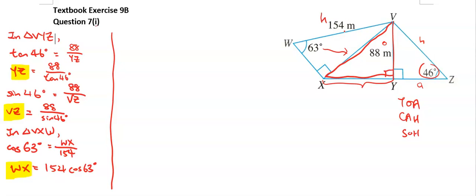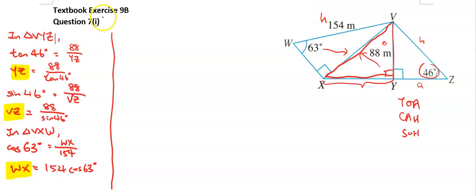So we find VX, and VX is the hypotenuse of triangle VXY, because this side is opposite the right angle of triangle VXY. So we find VX, then we use Pythagoras theorem to calculate XY. To find VX, we look at triangle VXW. This side VX is opposite of 63 degrees in this triangle.